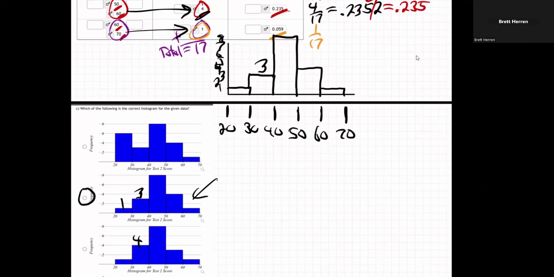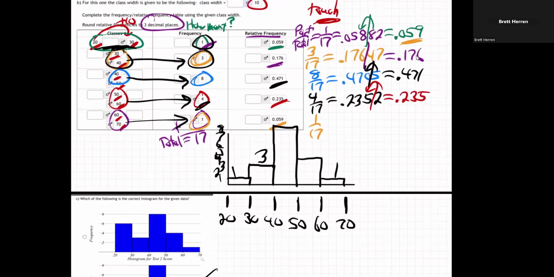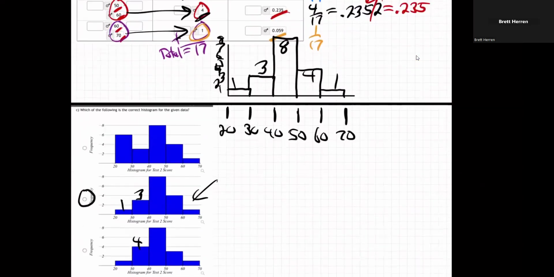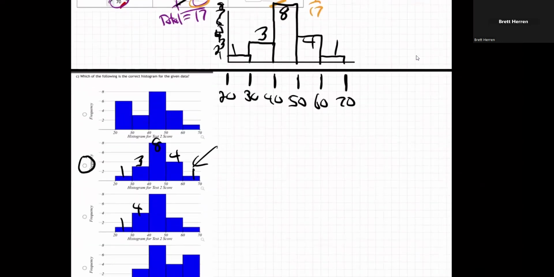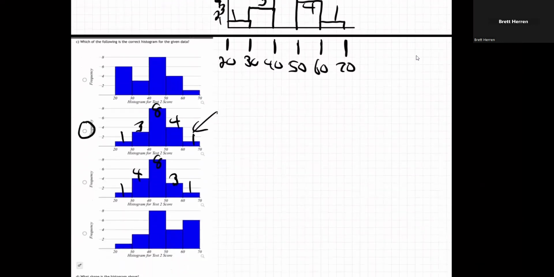This is 1, 3, 8, 4, 1. That's the correct one. The other one's close, 1, 4, 8, 3, 1. It's off a little bit. So anyway, it's this one. Okay, there's the right histogram.